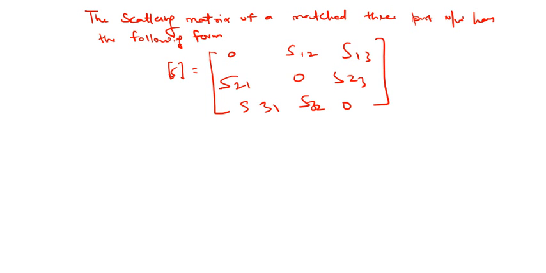You can see here all the diagonal elements are 0. And also, if the network is lossless, then this S matrix must be unitary.